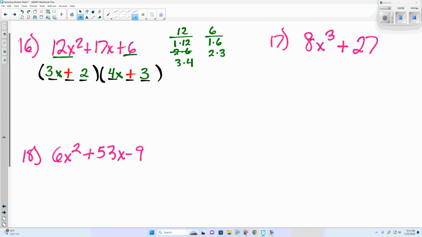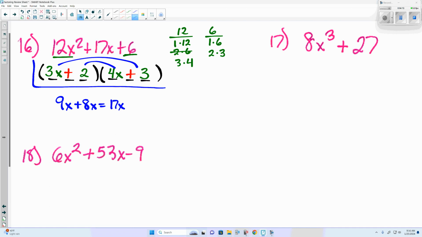And we can go on and check this here. 3x times 3x is 9x. Positive 2 times 4x is plus 8x, which gives us 17x. And that's the middle term we needed. So these are the correct factors.